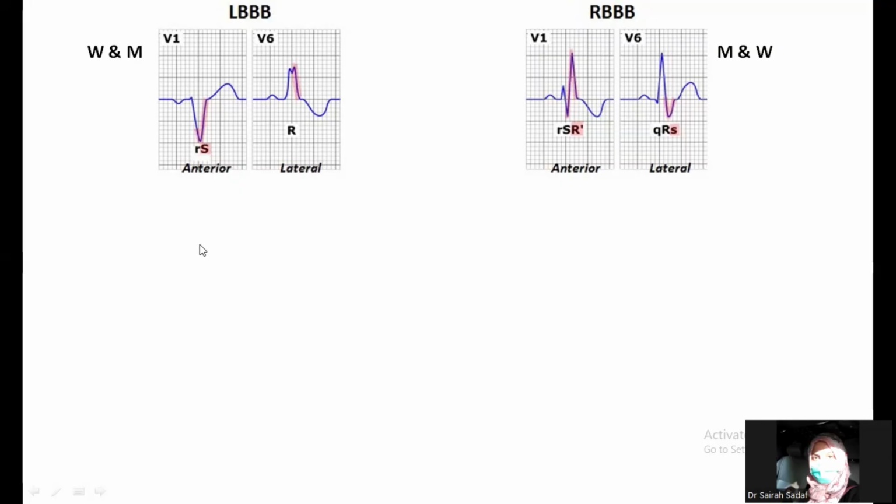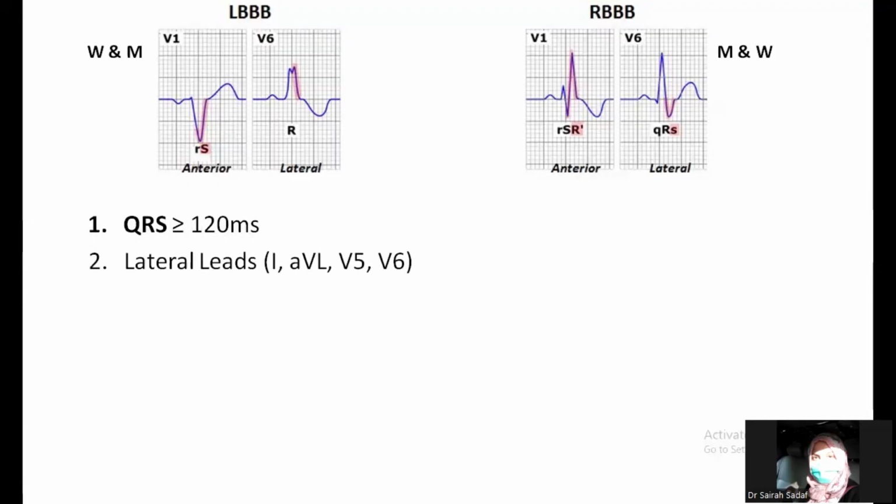Let's go, now what will happen in this? First of all, the duration of QRS complex will increase. It will be more than 120 milliseconds, that is more than 0.12 seconds, or more than 3 small squares. Second, first of all look in the lateral leads, more precisely V5, V6.